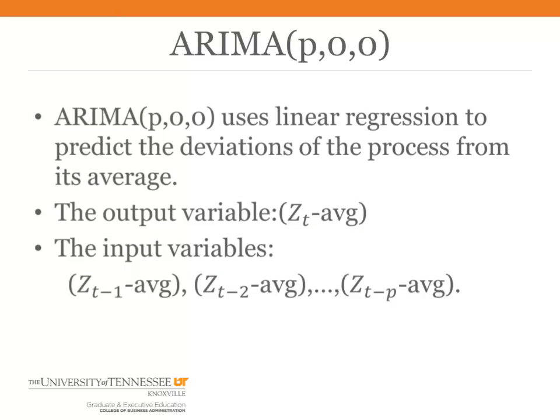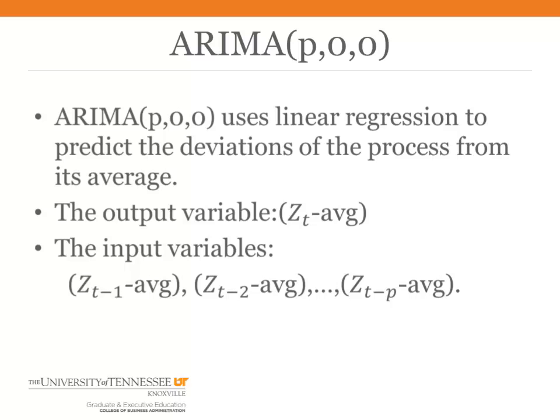Rather than using the simple average, we could think of using a regression model to predict the future values. You would build this regression model in which you would take the readings or the observations of each week as the output variable, and as the input variables you would use the readings of prior weeks.